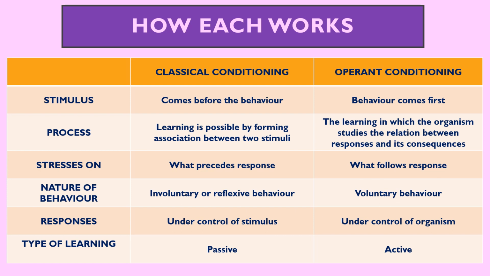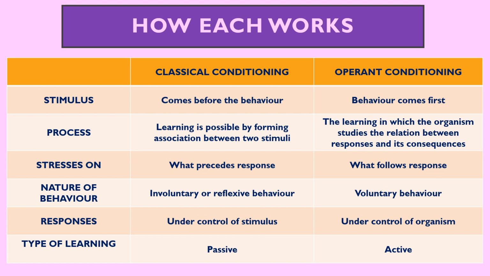Then process. In classical conditioning, learning is possible by forming an association between two stimuli. And in operant conditioning, it is learning in which the organism studies the relationship between the responses and their consequences.